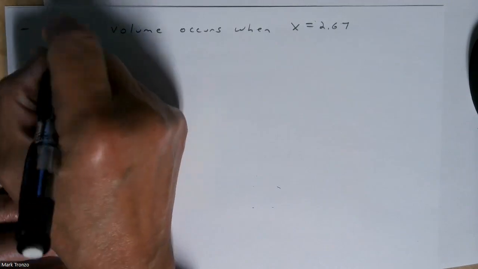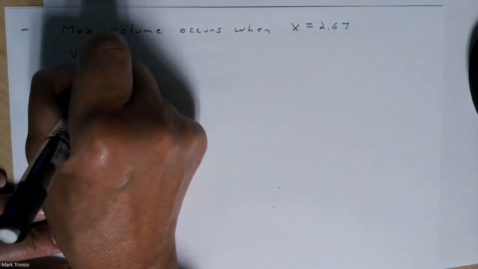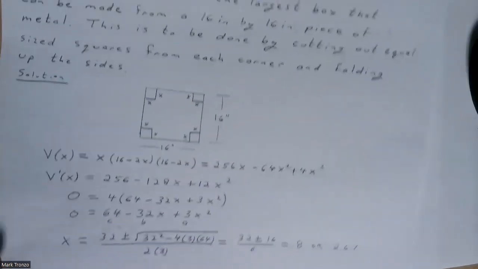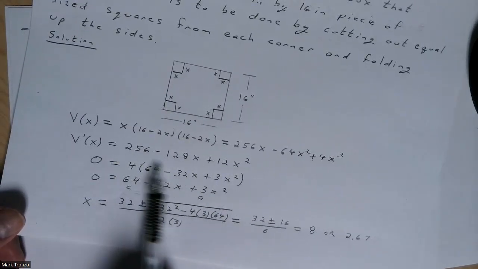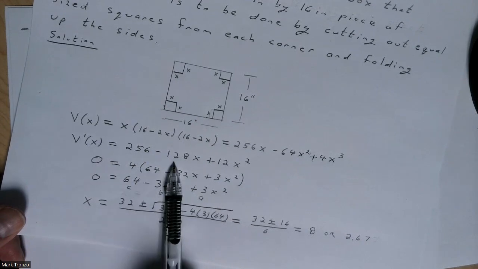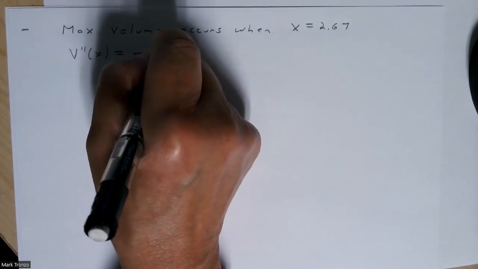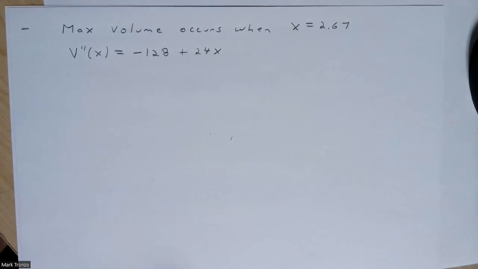So again, let's check that using the second derivative test to see if that is in fact the maximum. So remember, if we want to do the second derivative test, go back to this equation here and take the second derivative. This was the first one. So the derivative here is minus 128 and bring the 2 plus 24x like this.